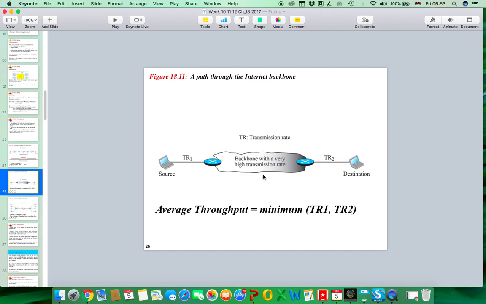It's very high as compared to these other two. So the delay is very less as compared to these two ends. So in this case, the average throughput is the minimum of these two again. So whichever is the minimum, you're going to take that one, and that will be the average throughput for this path.